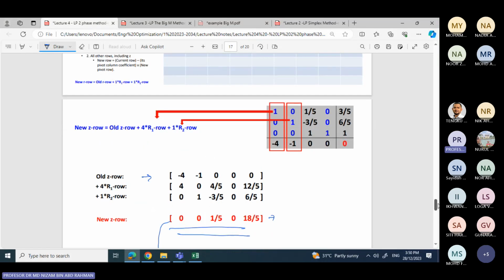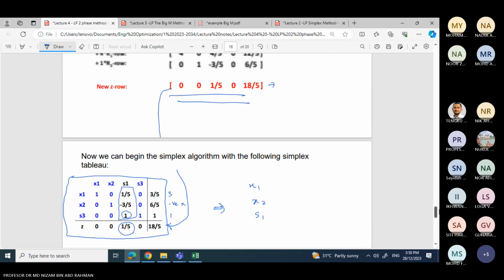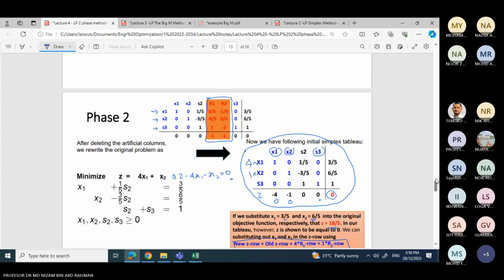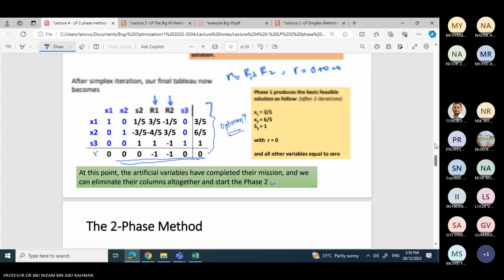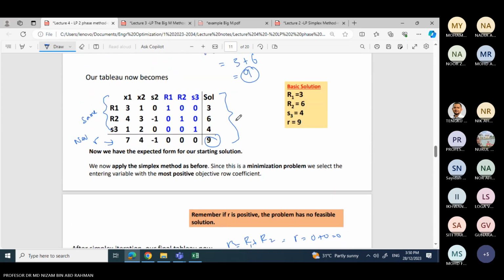The first one is basically, hold on. Oh, sorry. Use this tableau as the initial solution, right?